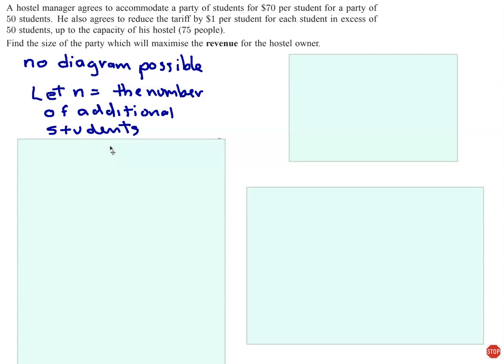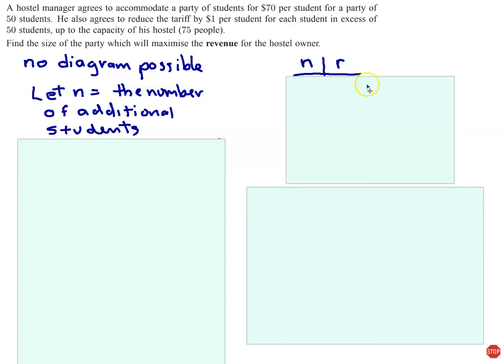Okay, so what I did is I said I'm not too sure how to get the equation, so I'm going to go ahead and make up a table and see if that's going to help me find an equation for the revenue. So n is the number of additional students, and r is the revenue. If I don't have any additional students, that means I've got 50 students paying $70 each, so that's the expression for the total revenue.